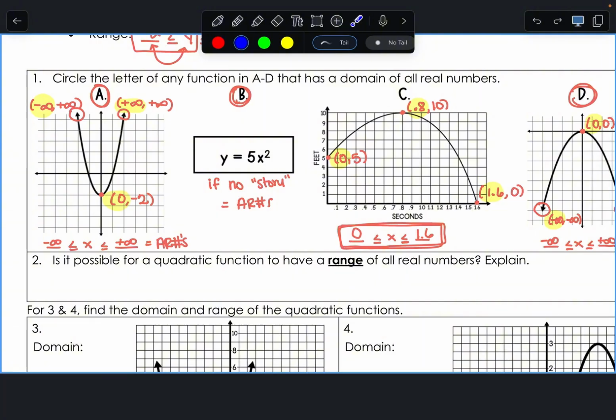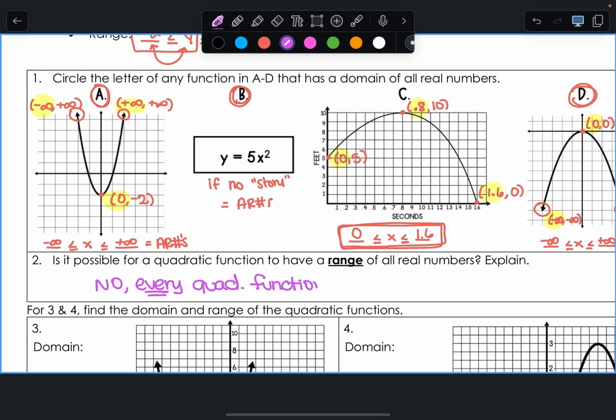Now, it says, is it possible for a quadratic function to have a range of all real numbers? The answer is no. Why not? Because C had a stopping point. That stopping point is that peak, that curve, either that high point, that minimum, or that maximum.